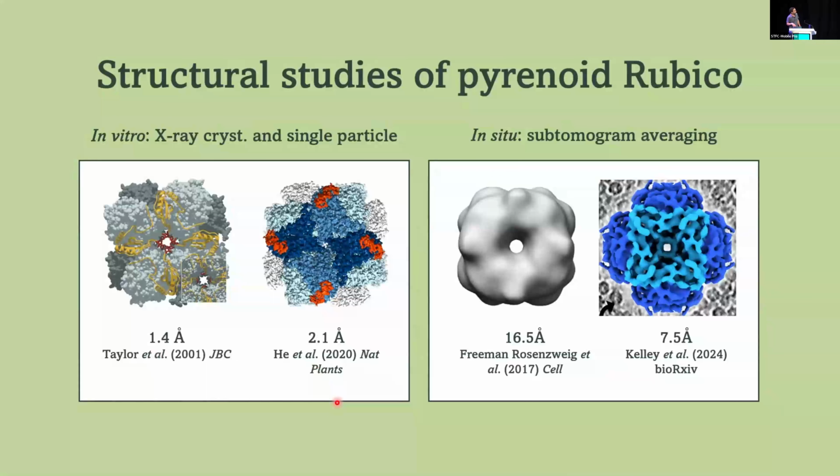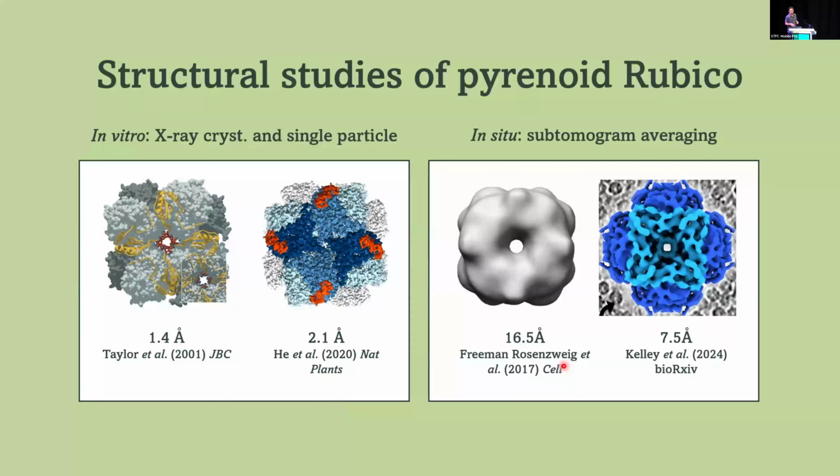However, looking at it in situ by cryo-ET appears to be much more challenging. So these structures are from the Ben Engel lab, and this one highly resembles the in vitro structure. However, still it's not high resolution, and the question is why.